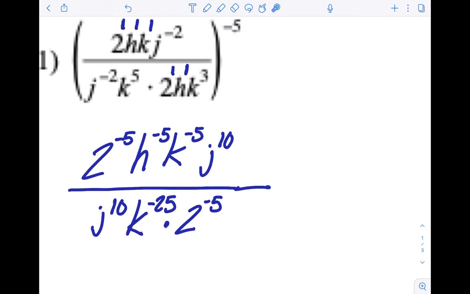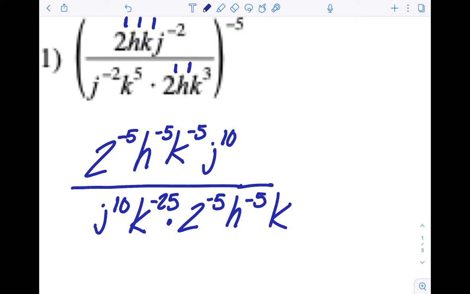Extend my line a little bit here. -5 times 1, I get h to the -5. And -5 times 3, and I get k to the -15.